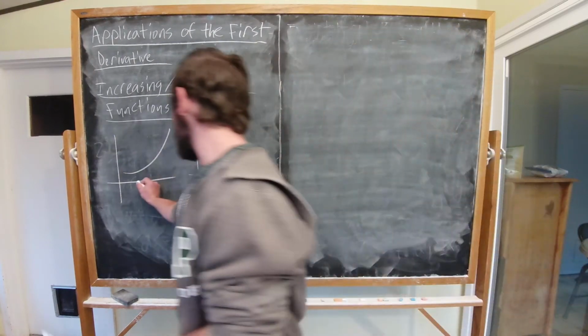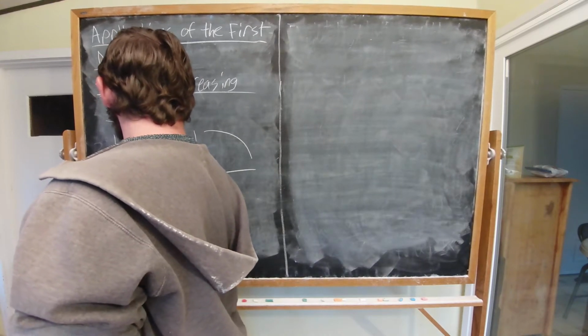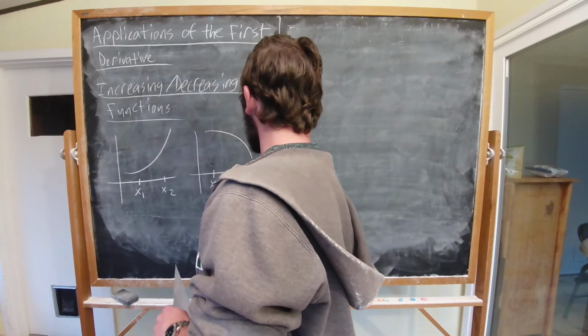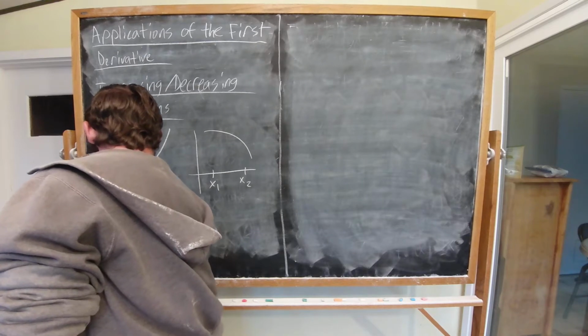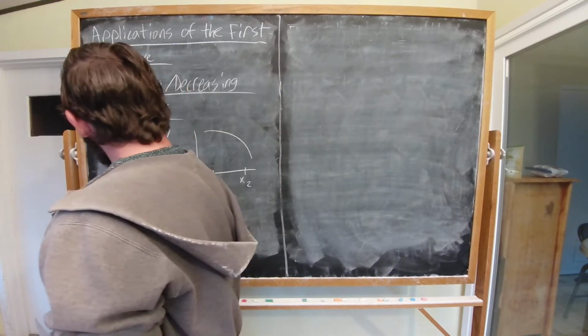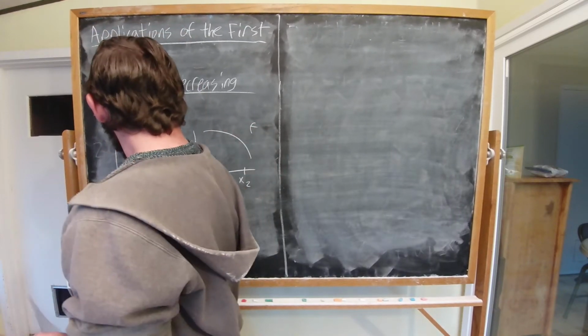Maybe if I put two x coordinates here, x1 and x2 here, and maybe x1 and x2 here. We see that for the increasing one, maybe both of these are functions f.